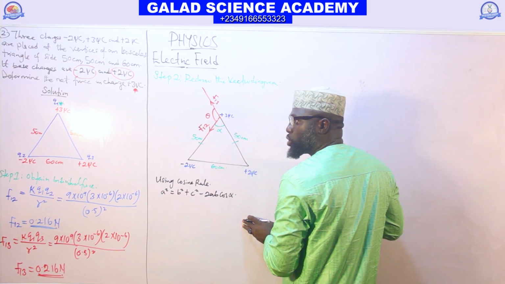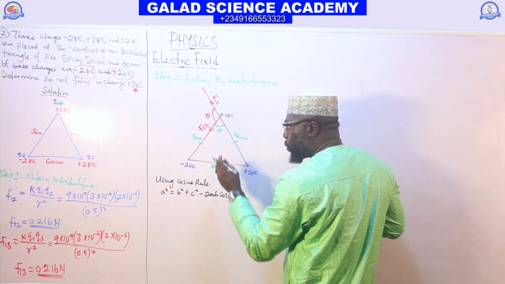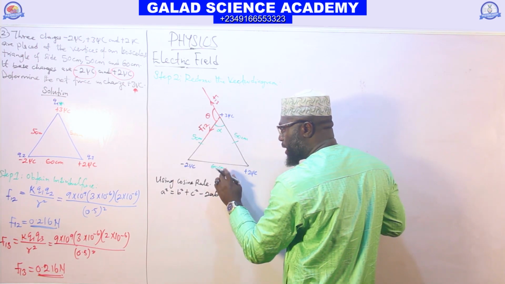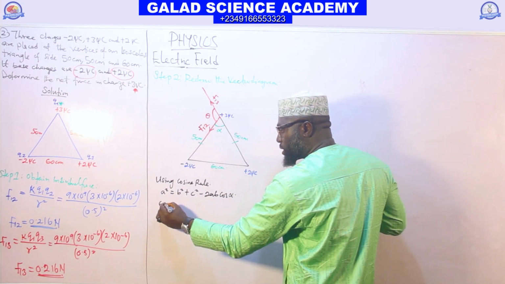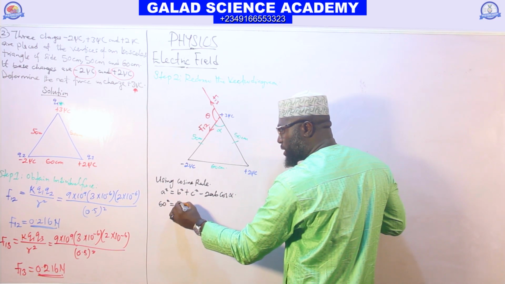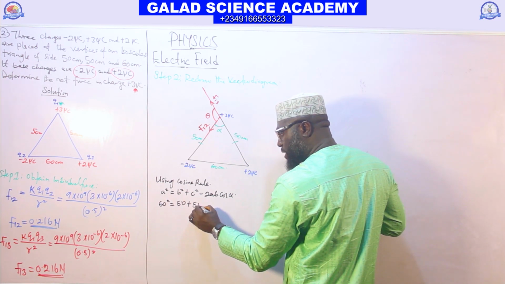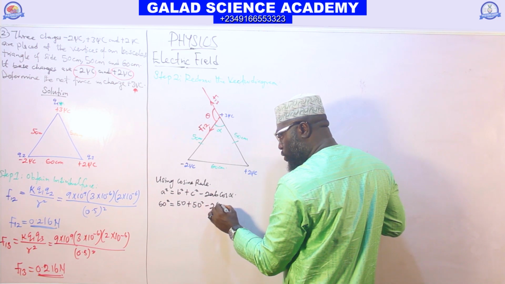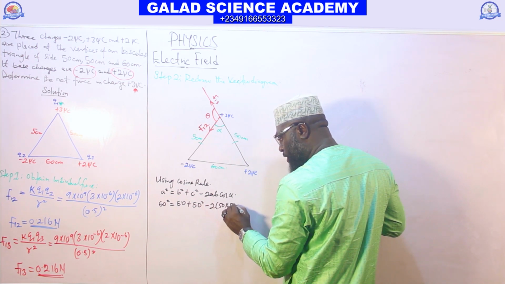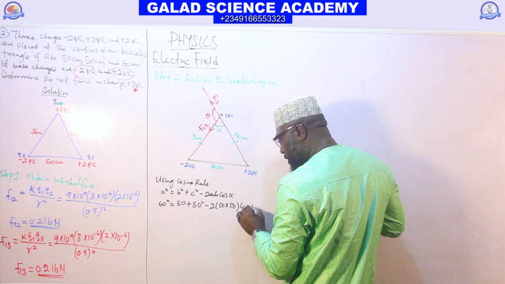By applying this, what is my A? My A here is 60. My B is 50. My C is 50. So minus 2 times 50 times 50 cos alpha.